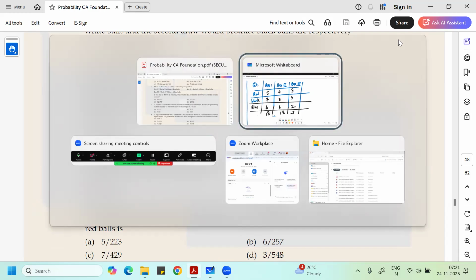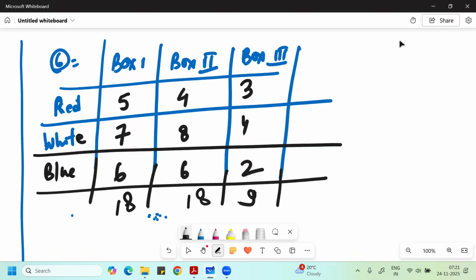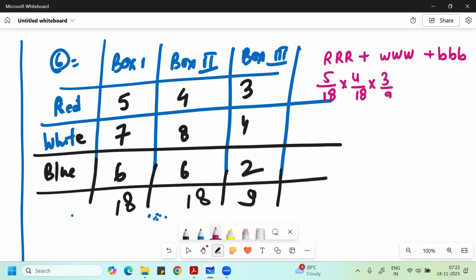Same color means, since three colors are there, all three can be red, all three can be white, or all three can be blue, if you draw one ball from each box. If I talk about red, the probability from the first box is 5 by 18, from the second box it would be 4 by 18, and from the third box it would be 3 by 9.